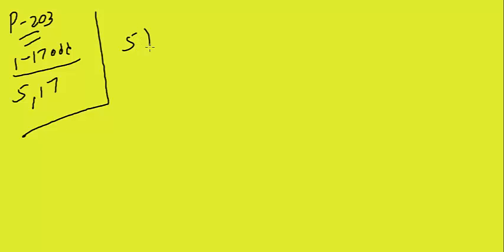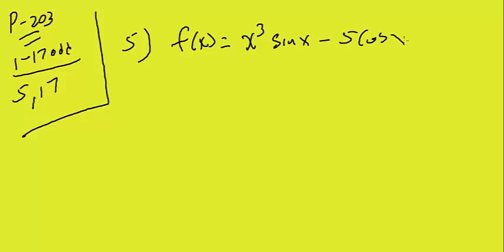Number 5. F of x is equal to x to the 3rd times sine of x minus 5 times cosine of x. Okay, we want to take the derivative of this.